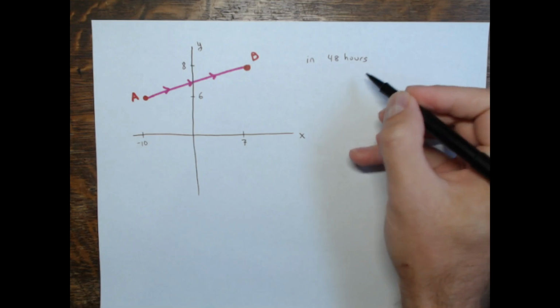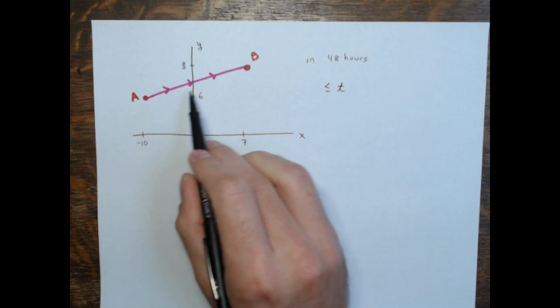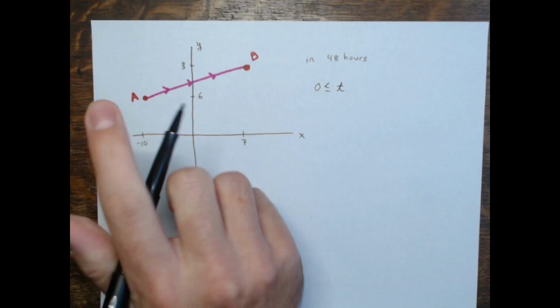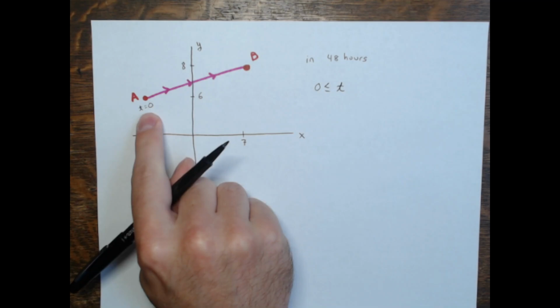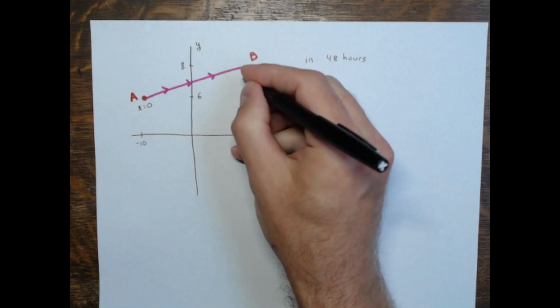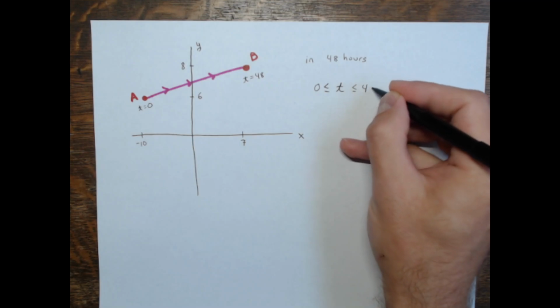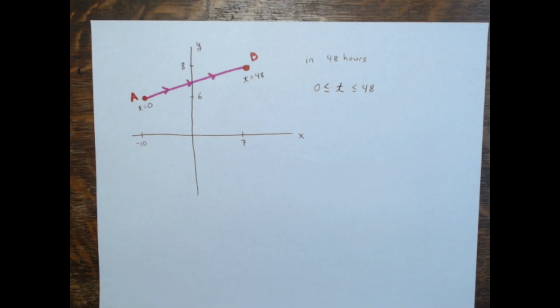And t represented hours, so t, when I'm tracing this out, has to go from 0, because it's 0 at the 0 hour. So I'll put t equals 0. At the 0 hour, we're at point A. And then we need it so that at the 48th hour, when t equals 48, we're at point B, moving in that direction at a constant speed.